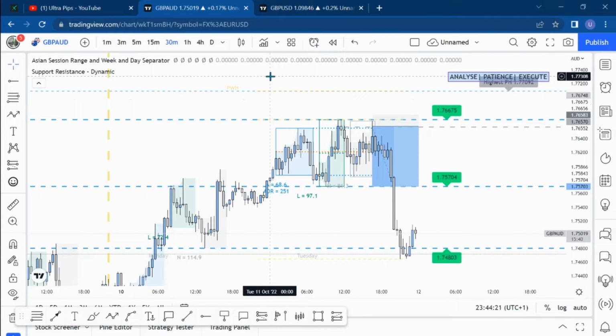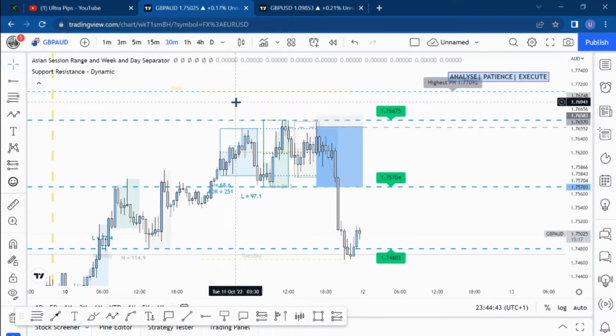From this section, I marked out this place already to show you a new day. Price started bullish in the Asian session, then went bearish on GBPAUD.